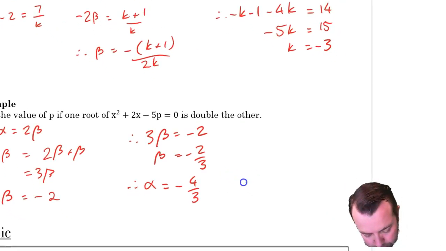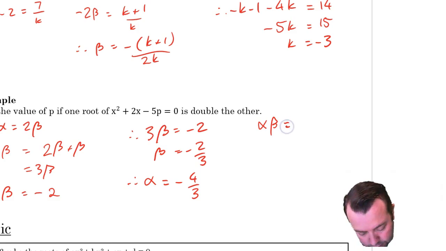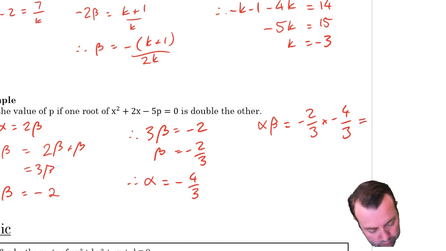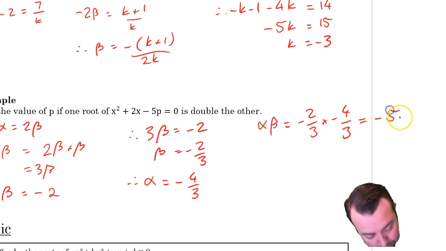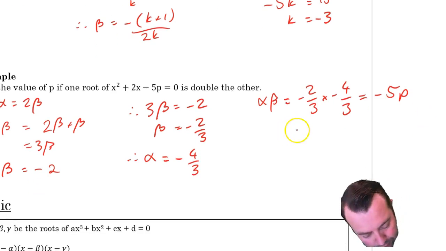So what are we going to do? Well, we only use this product now. Alpha beta equals negative 2/3 times negative 4/3, and it's also equal to c over a, that's negative 5p over 1. We'll tidy it up a little bit.